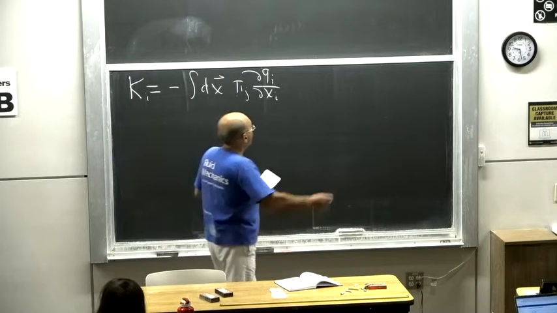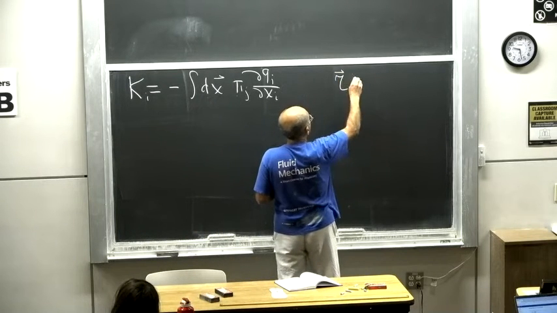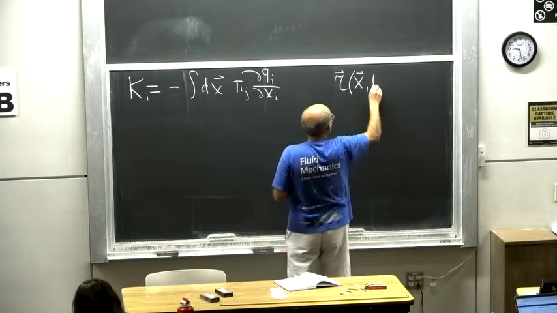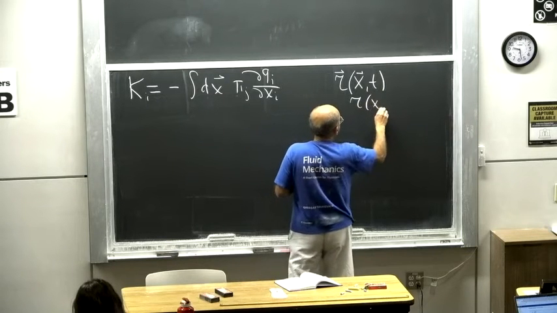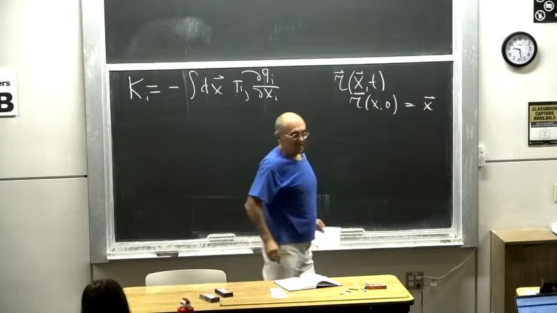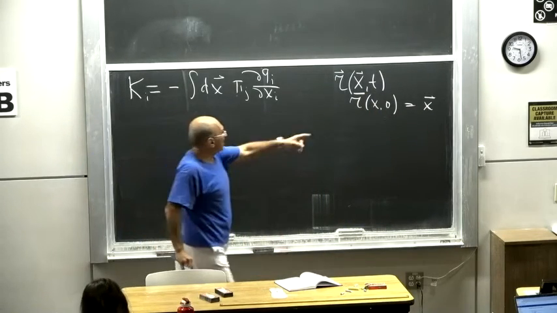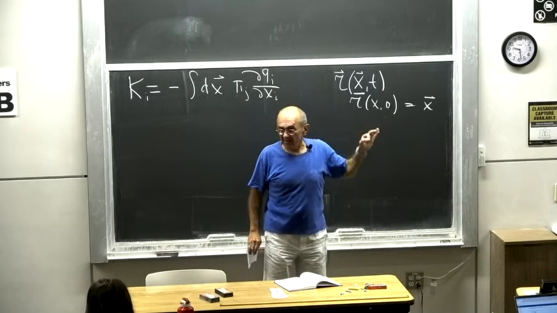So remember, I remind you, what is Lagrangian motion? I assume that the coordinate of a particle depends on its initial coordinate and time. So that r of x0 is x. That's my definition of a Lagrangian coordinate, and x is its initial position, or sometimes we call it marker.